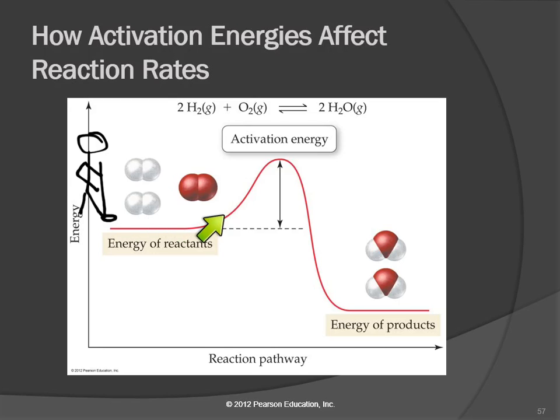You have to hit it hard enough to get it up and over the hill. Once it gets over the top of the hill, what happens? It rolls down the other side. It never comes back up this little lip and comes back to you. And so these reactants, if they have enough energy to get over this hump, then they will go ahead and react and form the products. Okay? So if you have a higher activation energy, you need a larger or higher energy collision for the reaction to occur. Any questions?